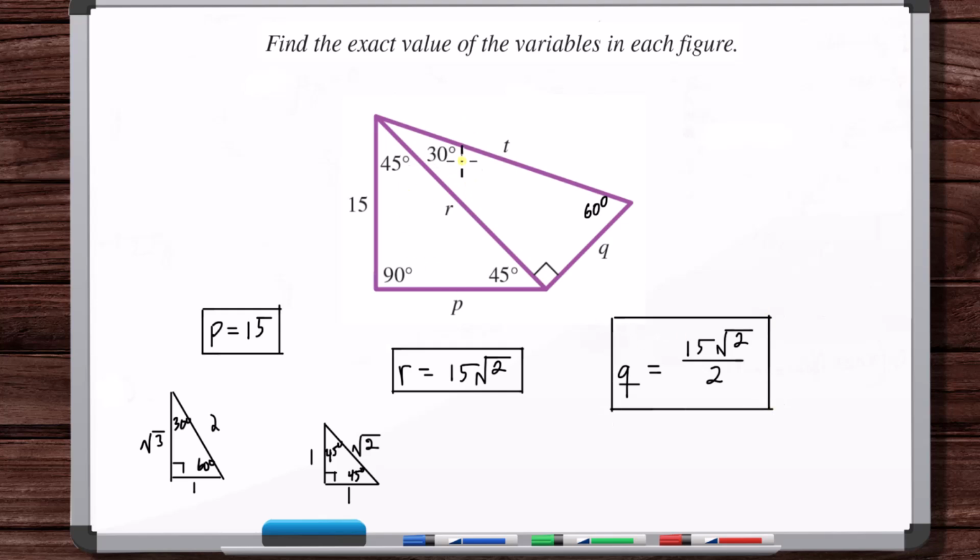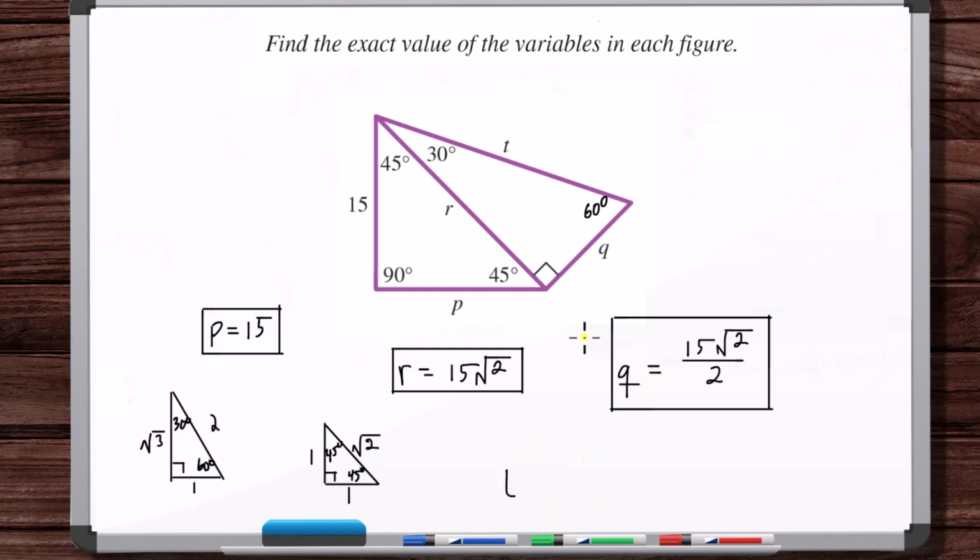Now T, we could use the Pythagorean theorem, or the trig functions of the angles, whatever. So, let's just use proportions again. The longer leg of a 30, 60, 90 triangle is root 3 times the shorter leg. This is the longer leg.